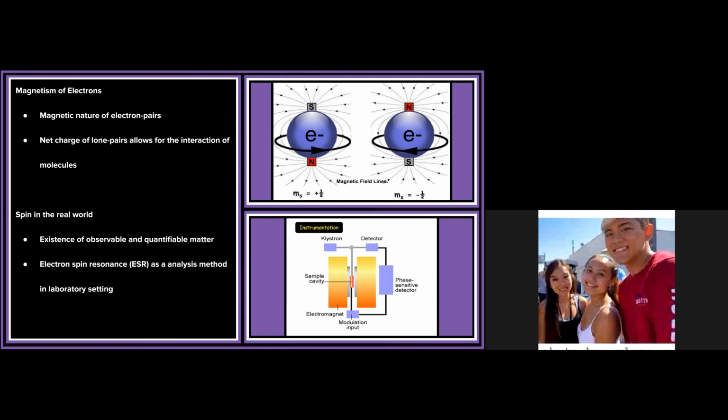With this, we're able to observe transitions of spinning states of samples inserted into a cavity, as shown in the bottom image, in which we can apply a magnetic field of a certain microwave range to then observe specific properties of said sample. This has obviously expanded into allowing us to have much more detailed understandings of the interactions of subatomic particles and molecules.